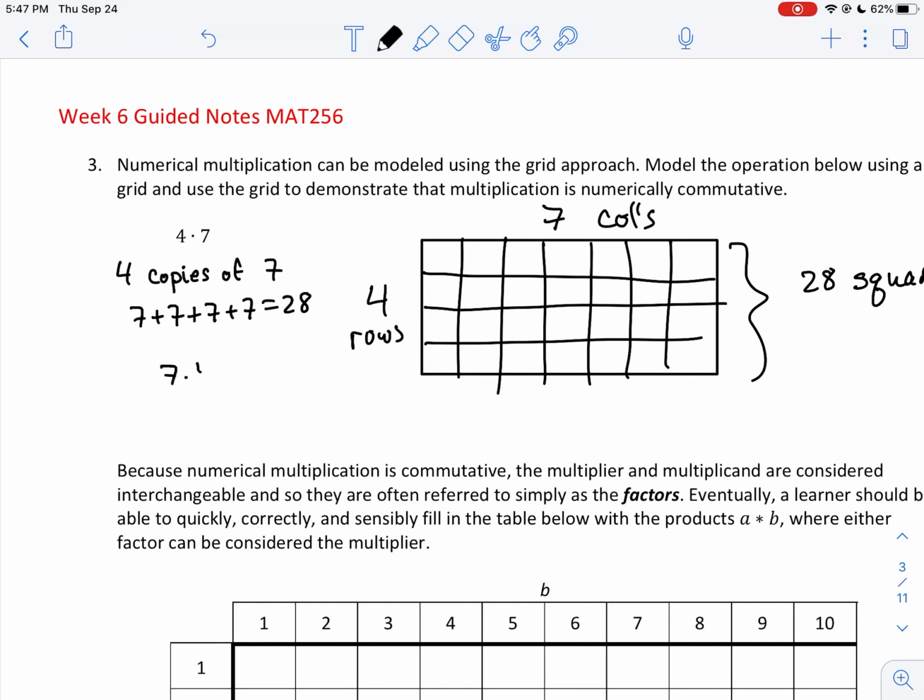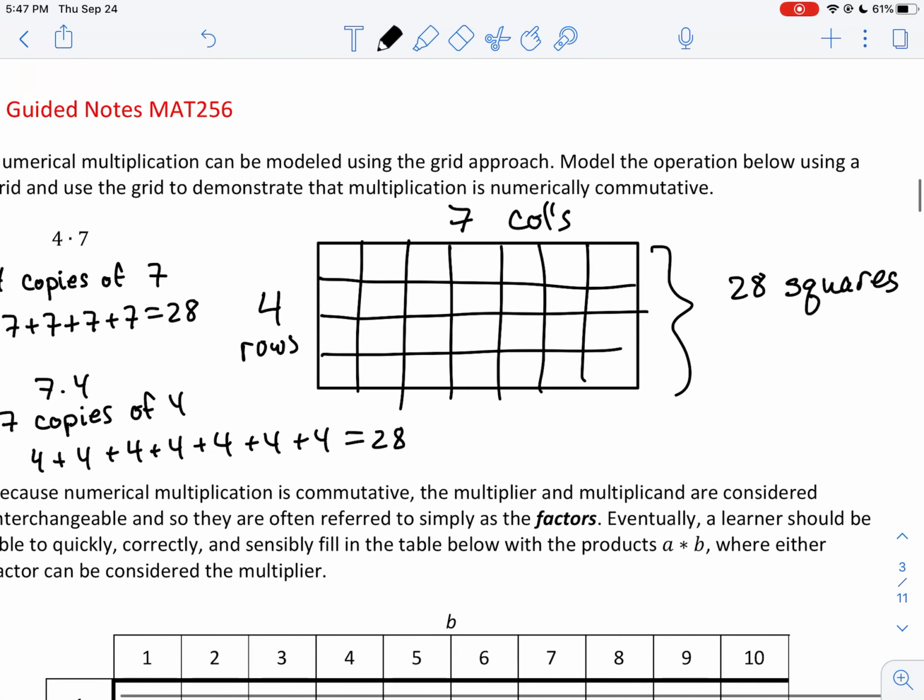So if I switch this around and say, hey, this means 7 copies of 4, that's like adding 4 to itself 7 times. I think there are 7 4s there. Yes, we get a total of 28 with that approach as well.